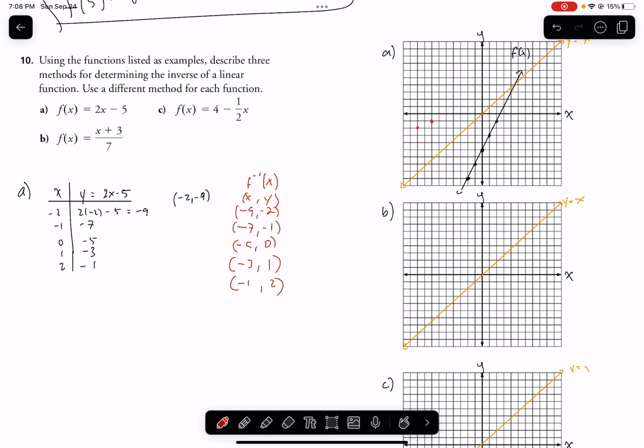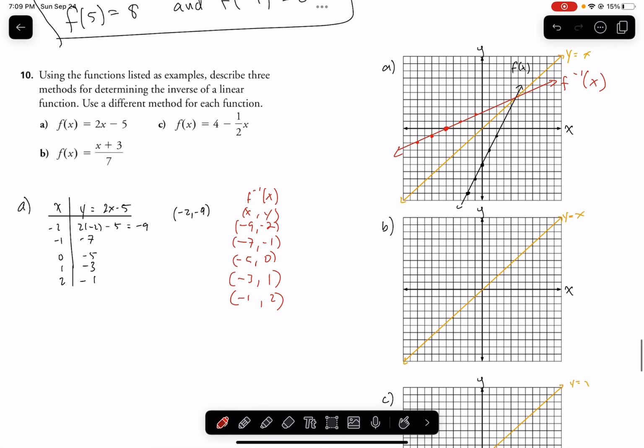And -5, 0 would be there. So on. Okay, and we should see that the red one is the inverse of the black one. Okay, so that's one method, creating a table of values.